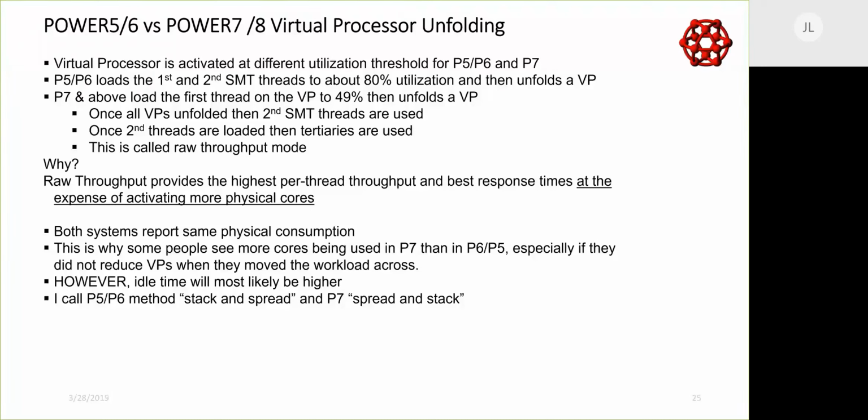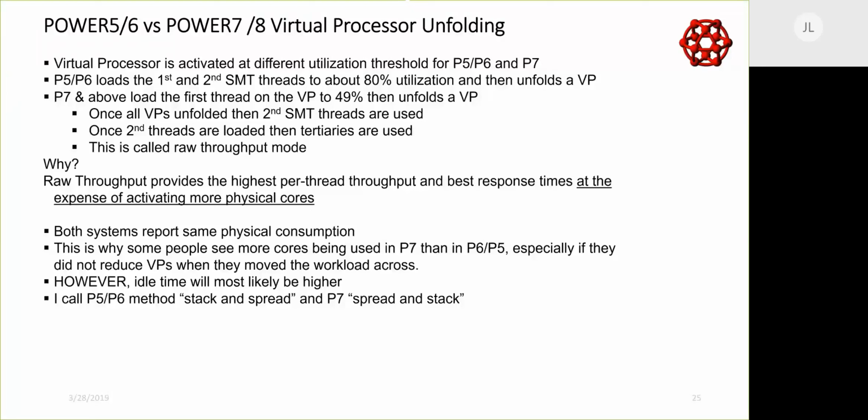And they call that scale mode. What we're running now is raw throughput mode as of Power 7. Basically, the first thread on the virtual processor gets loaded to 39%, and then we unfold a virtual processor. So what we're actually doing is the primary thread on every virtual processor will kick off before we kick off any secondaries and before we kick off the tertiaries.